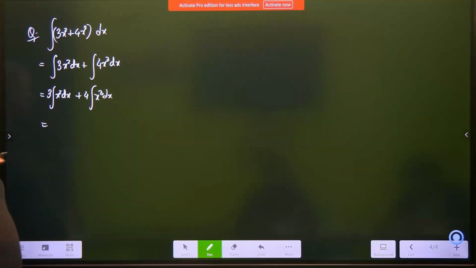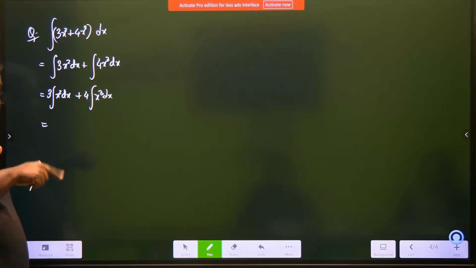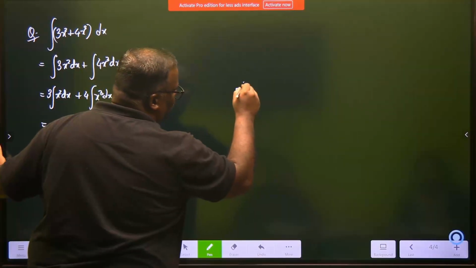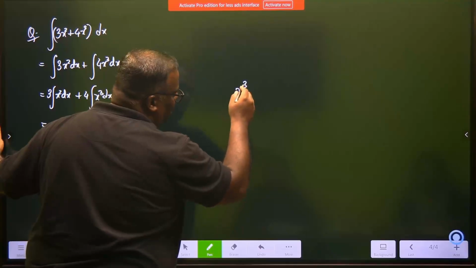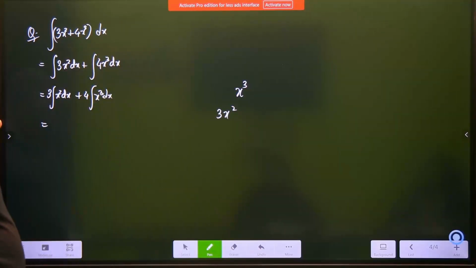Now see, every time you don't need to keep the formula in your mind. When you used to differentiate, did you keep any formulas in mind? Suppose 6x squared, you would straight away do 12x. Here x squared will become x cubed by 3. When you saw x cubed and wanted to differentiate it, you brought the 3 as a multiple and wrote x squared.